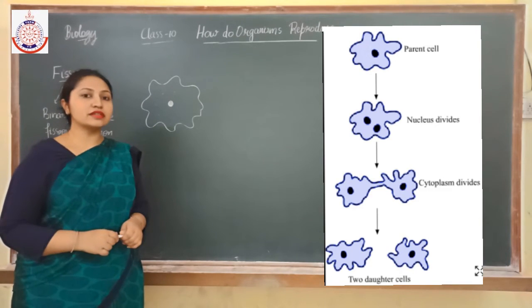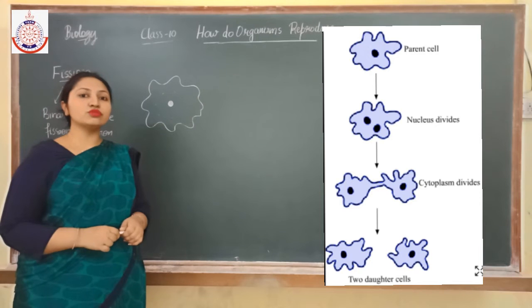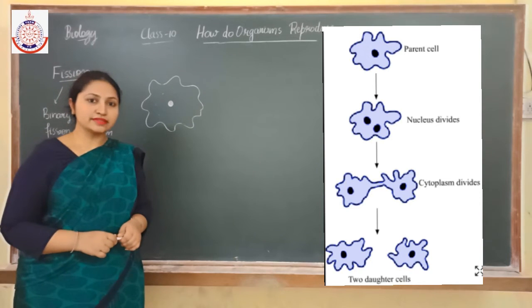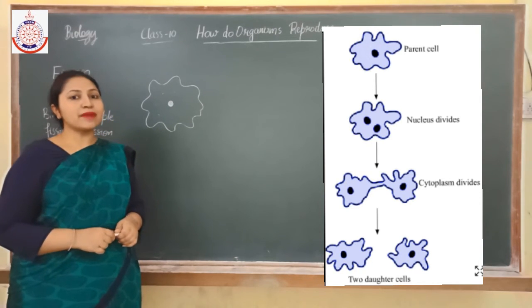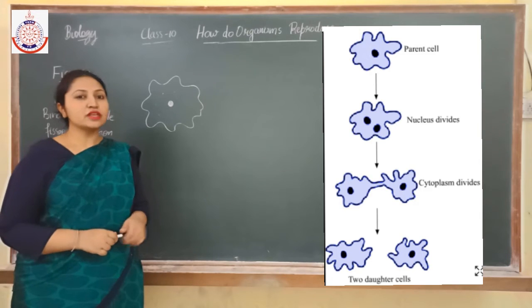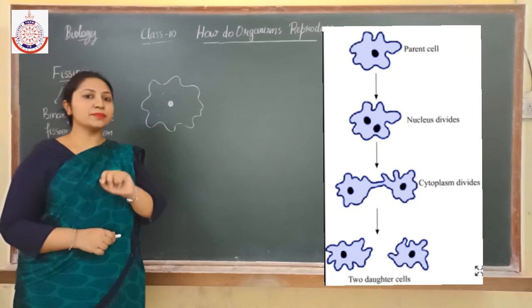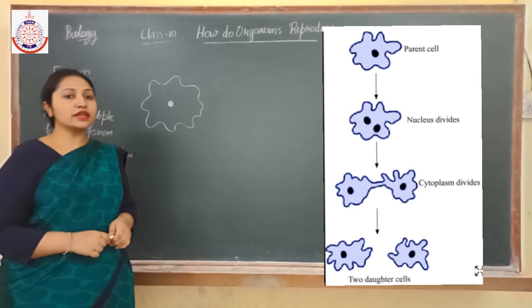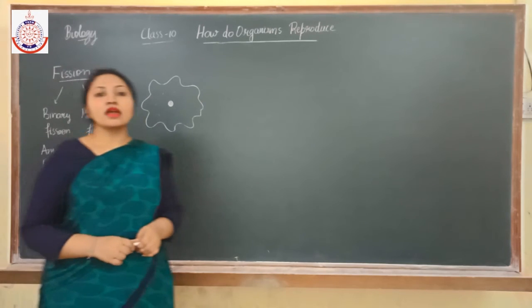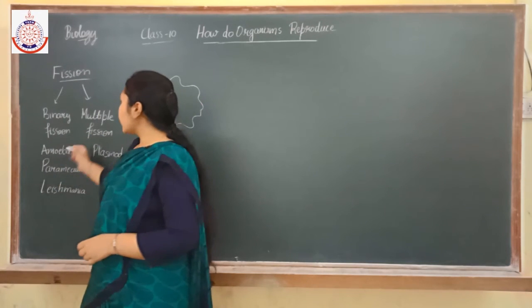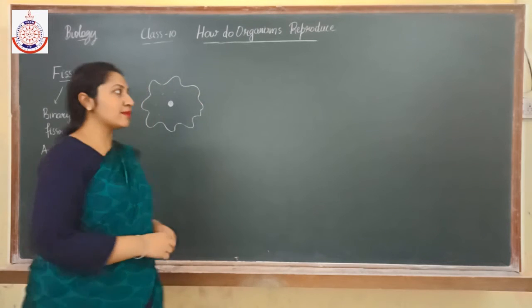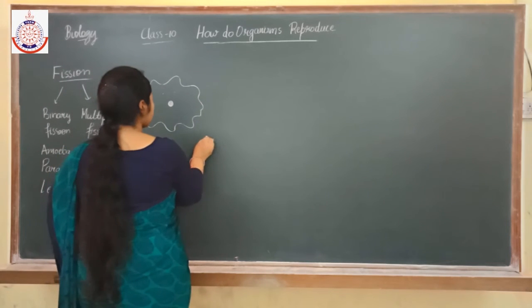And then it results in the formation of two daughter amoeba cells. So this is binary fission in amoeba. Since two daughter amoebas are produced, it is an example of binary fission. Now next we will discuss the paramecium. What is the structure of the paramecium?